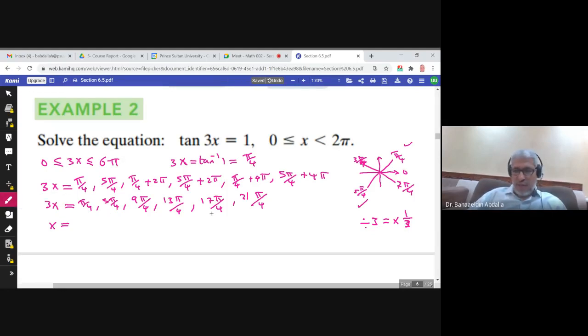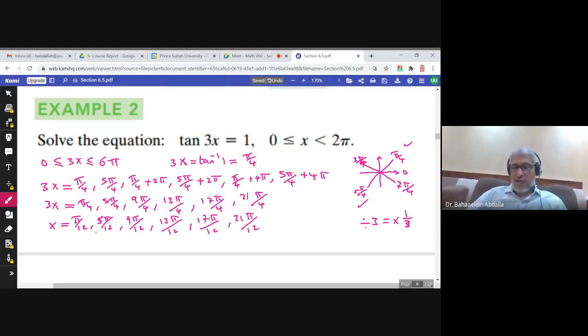So multiply each denominator by 3. So you will have pi over 12, 5 pi over 12, 9 pi over 12, 13 pi over 12, 17 pi over 12, 21 pi over 12.